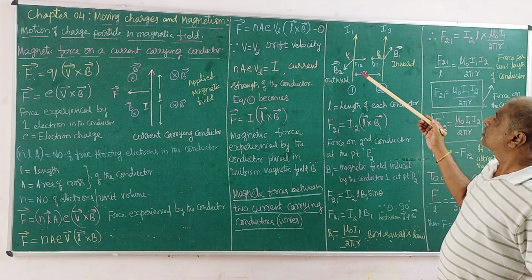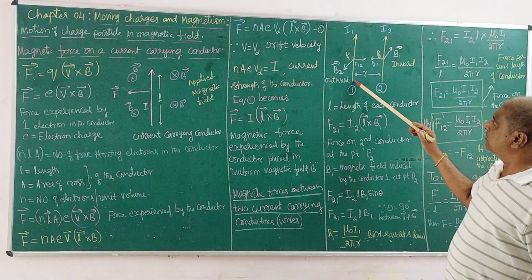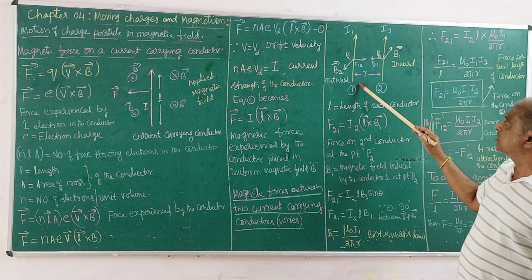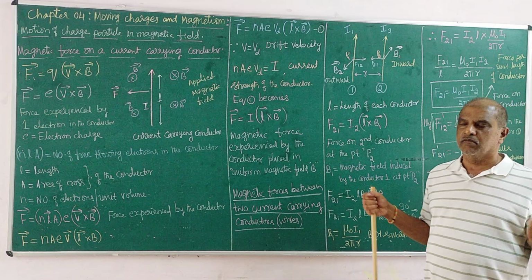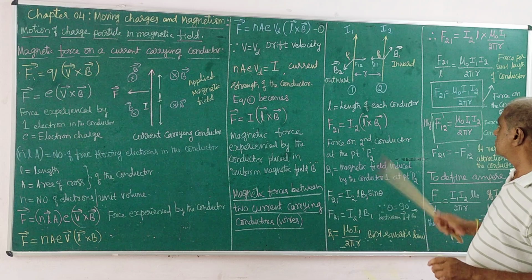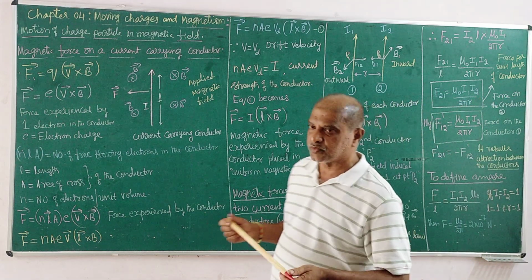Whenever parallel conductors carry current in opposite directions, they are getting repelled by magnetic force. So that is what we understood from this concept.